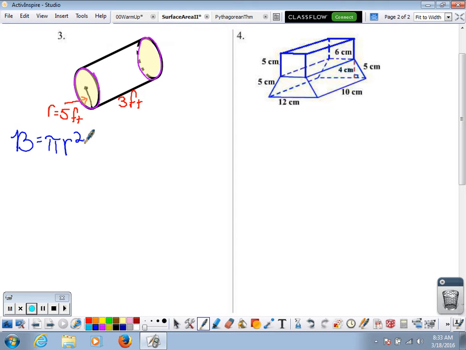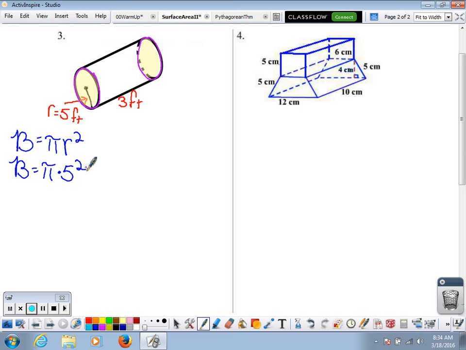Well, what's the radius of that circle? What's the radius on that circle, Siraj? 5 feet. Okay, so I'll take that radius of 5 feet and sub it in. So the area of the base equals pi times 5 squared.